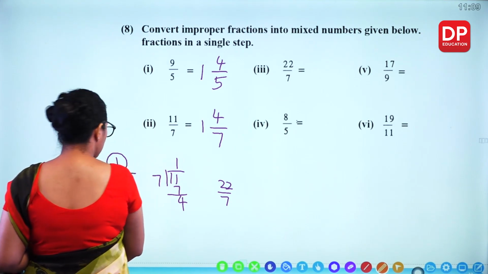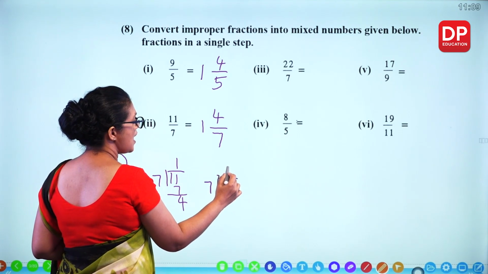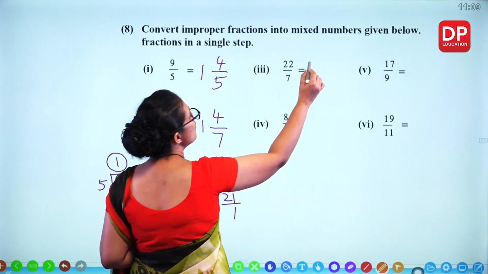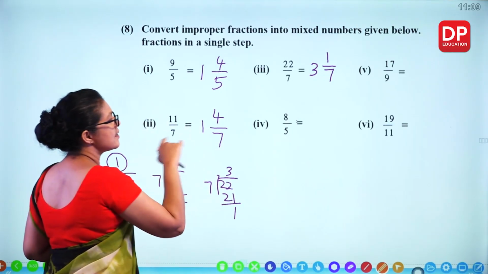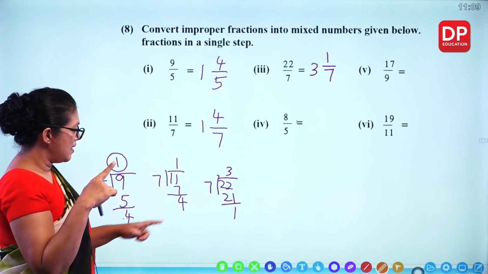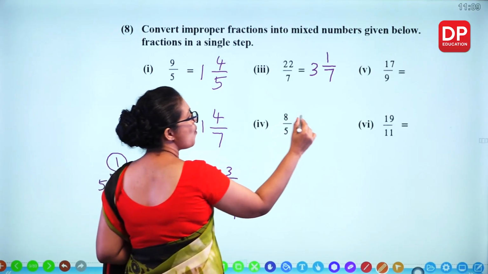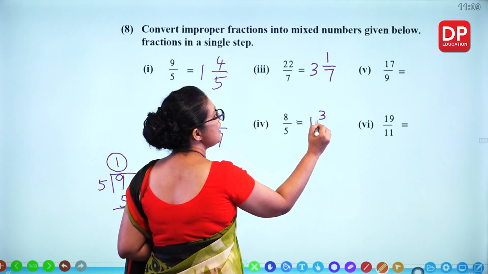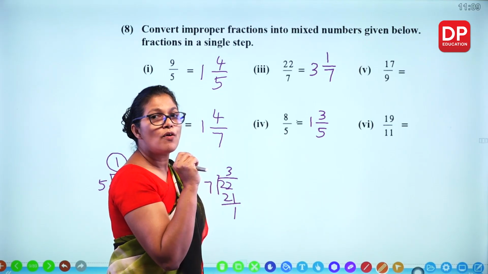That means long division. 7 times 3, 21. 1 remaining. 3 full parts are there, 1 out of 7. 8 divided by 5. You can do it without doing the calculation. 5 times 1, 5. 3 remaining. 1 and 3 fifths.